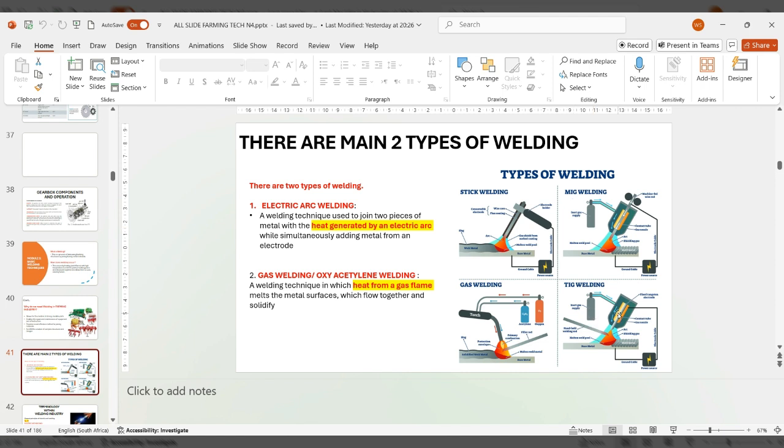In order for us to melt the working piece, we are using the arc to melt. We are going to learn more about the arc. With these three, we are using the arc to melt the working piece, whereas here we are using the flame from the gas.